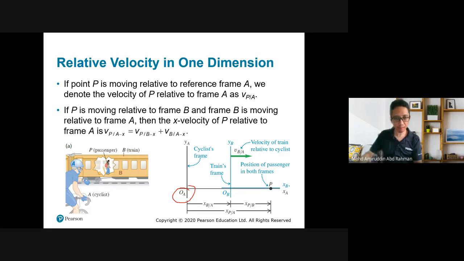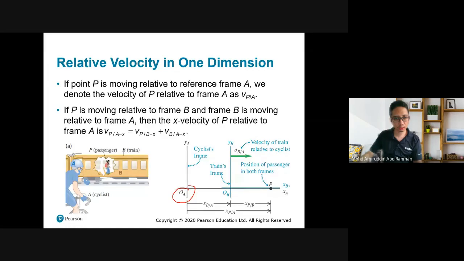And then we have VBA. This train is moving in the X direction, and VBA is the velocity of the train relative to the cyclist.